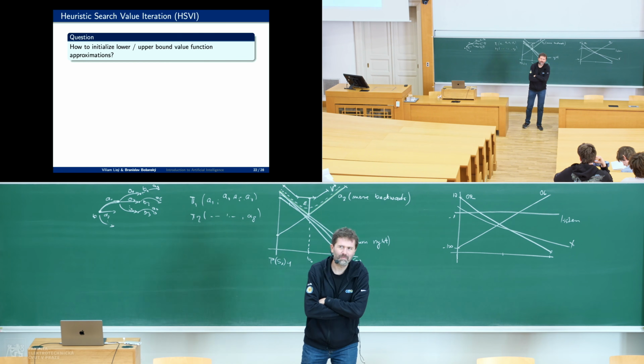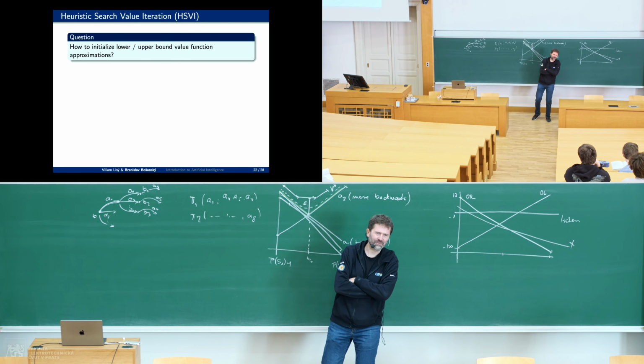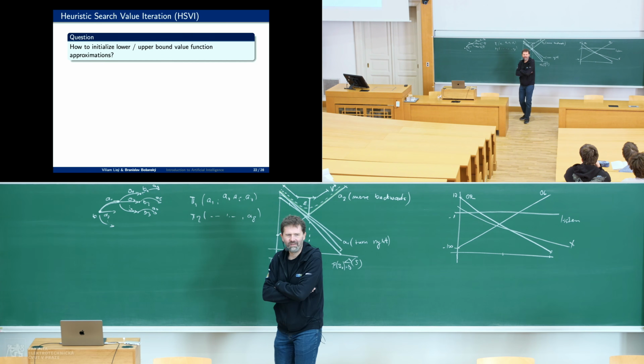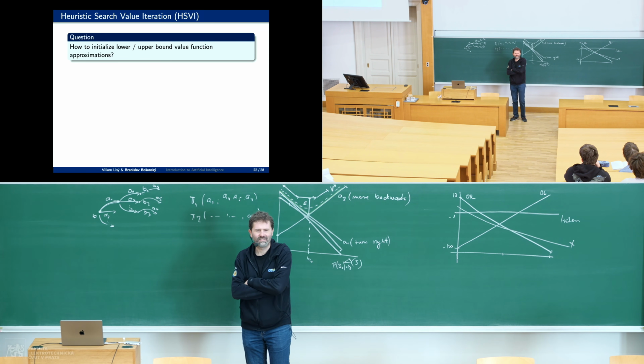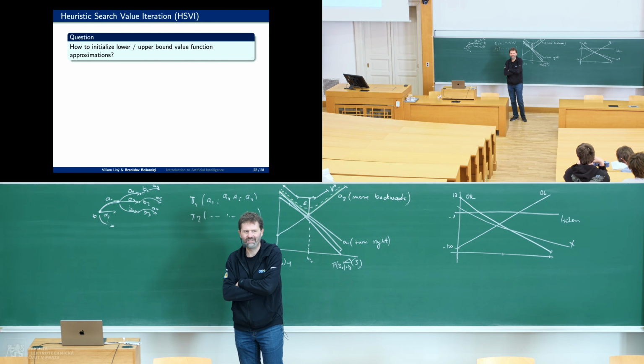It's a lower bound not on everything, so it doesn't have to be the worst choice. It's a lower bound on the optimal solution. So basically, a lower bound on the optimal reward, or on the expected reward of the optimal policy.